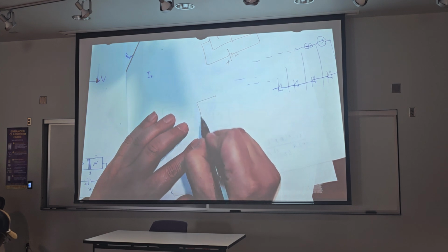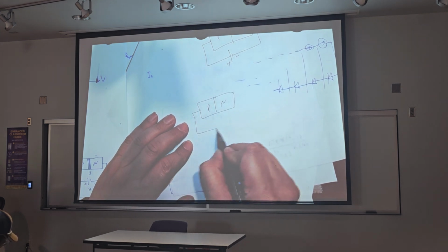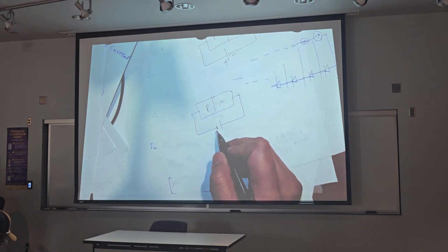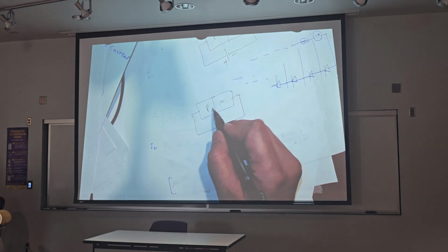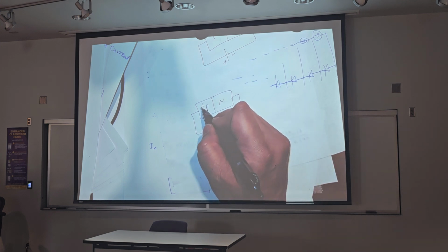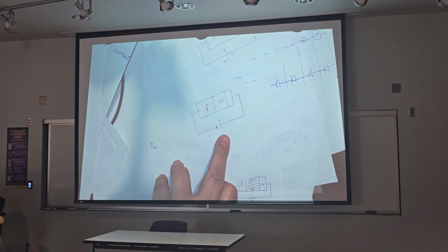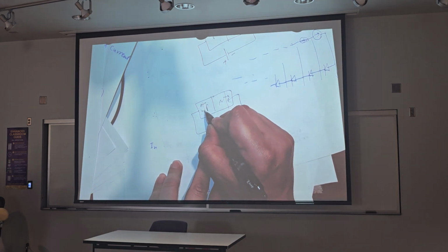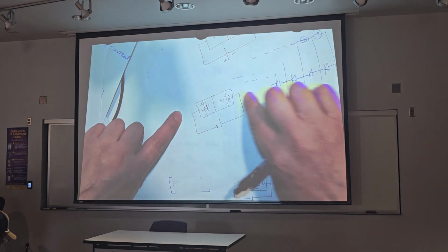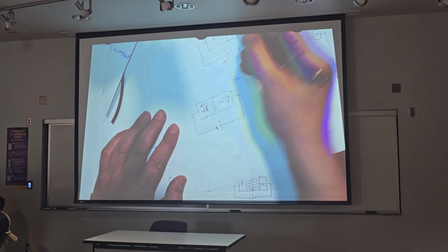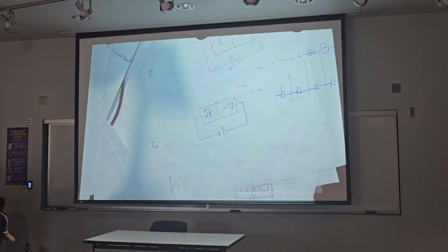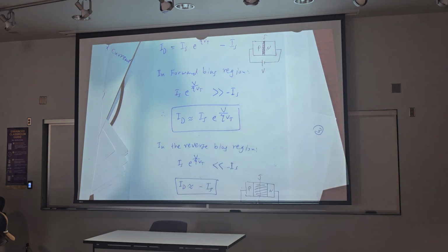While in reverse bias, no: this puts the holes on this side and the electrons on the other side. Holes and electrons are different here, so we get a large depletion region.